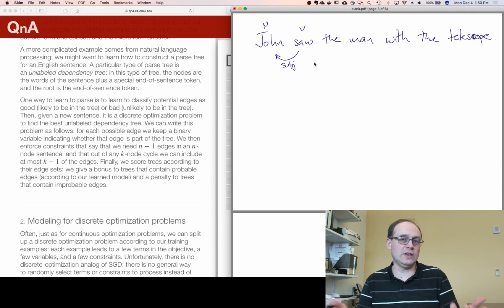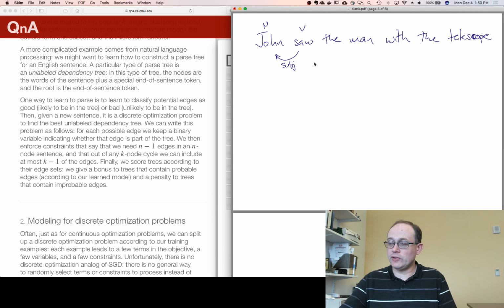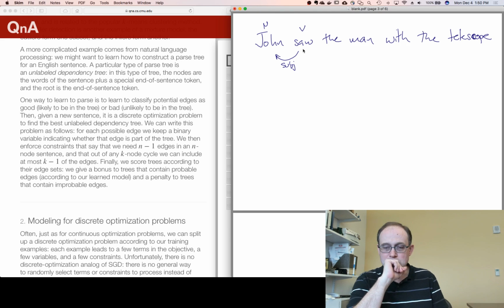So that's two different parse trees. And of course there's an exponential number of other parse trees that make less sense. For example, you could parse that man is the verb of the sentence and saw is the object of that verb. That would be a bad parse. It would hopefully give a low objective value, but you have to consider that.